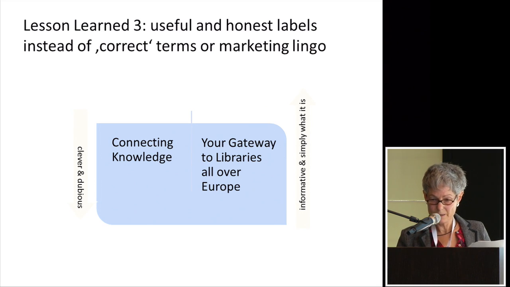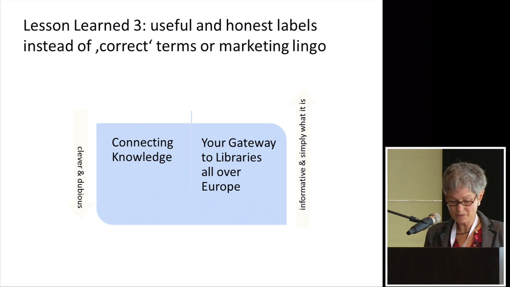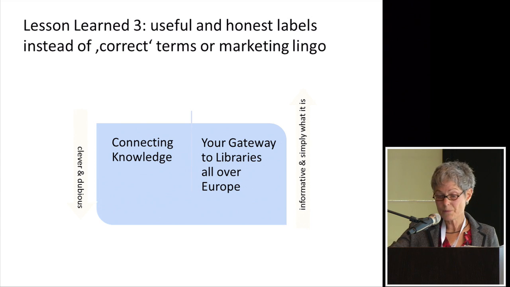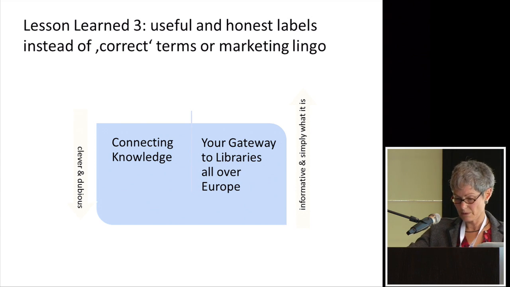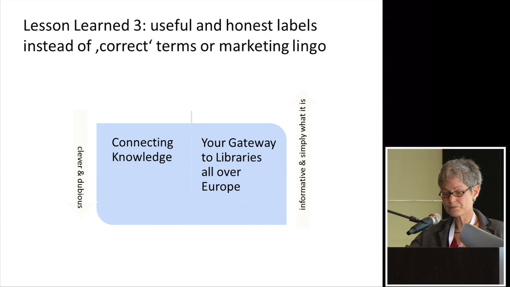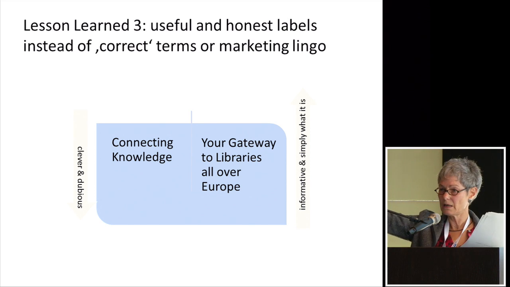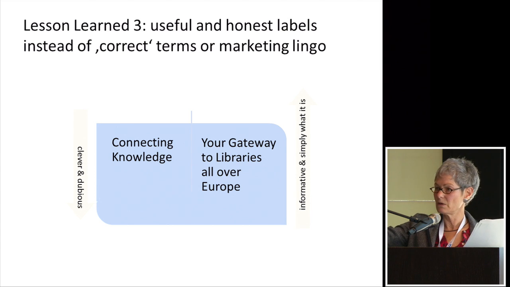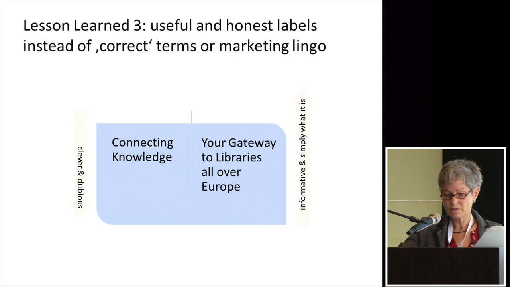Lesson learned 3. Useful and honest labels instead of correct professional terms or marketing lingo. Here's one example from the European Library, which has this tagline underneath their logo saying connecting knowledge. Now, connecting knowledge doesn't mean anything. It's just clever and I think dubious.